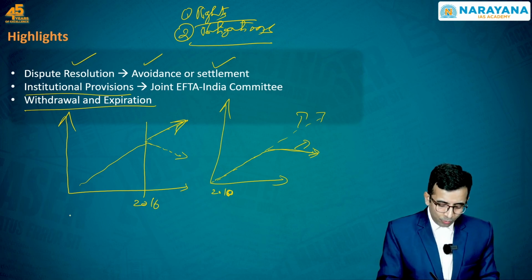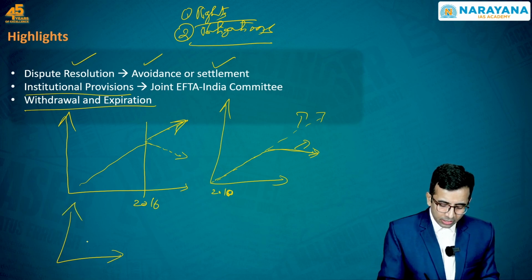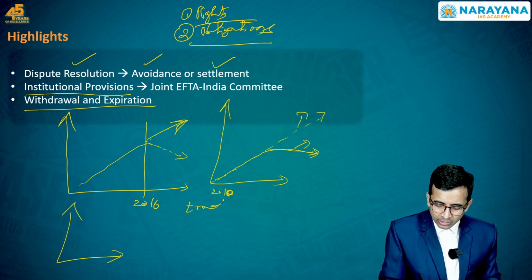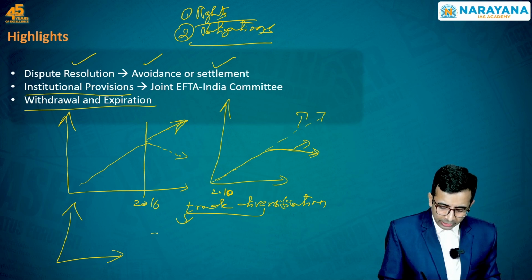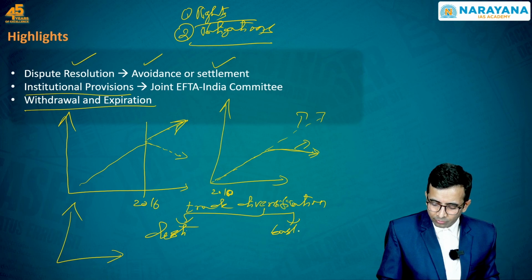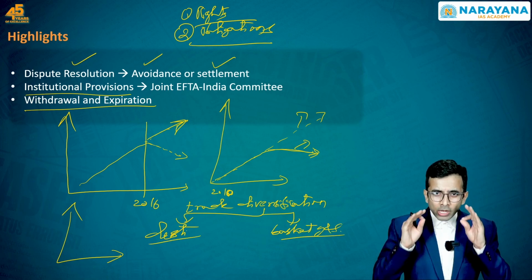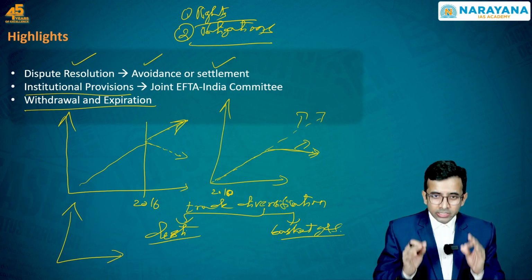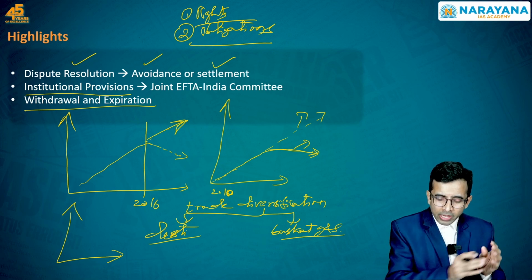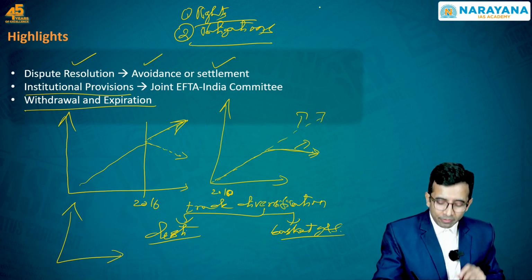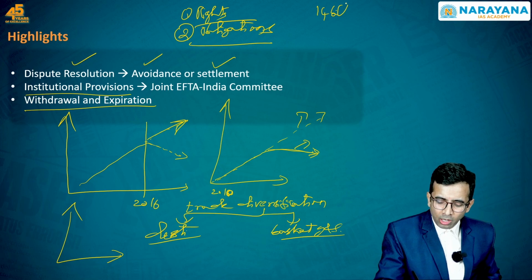Third aspect, we must also look at this free trade agreement in terms of trade diversification. This trade diversification can be seen in two respects: one, in terms of trade destination, and two, in terms of basket of goods and services. If you look at this agreement, yes, it is true that with EFTA, as of now, we have a trade deficit to the tune of $14 billion.